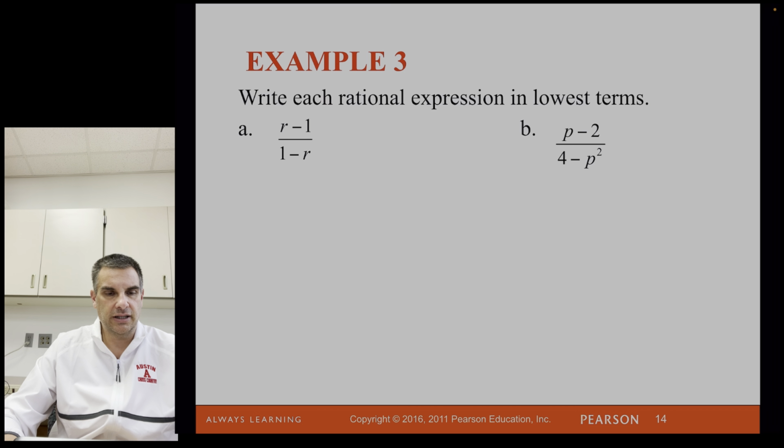Okay, so let's take a look at these two. We've got r minus 1 over 1 minus r. Are they the same thing? No, they're not really the same thing, but here's a little trick. Notice they're opposites of each other.